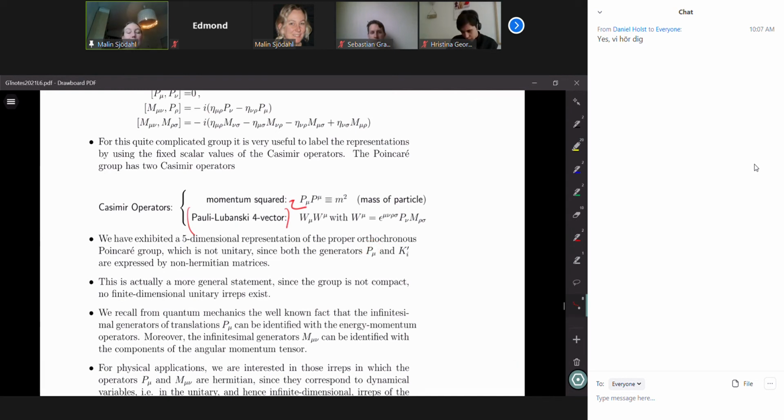So we have a non-unitary representation of the group, and in fact, since this is a non-compact group, the boost parameter eta can take on any value going to infinity. So the group is not compact, and that also means that there is no finite dimensional unitary irreducible representation.